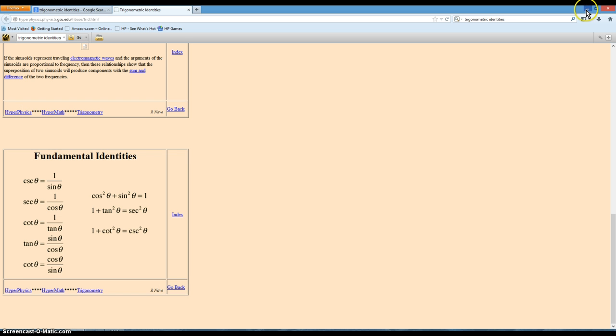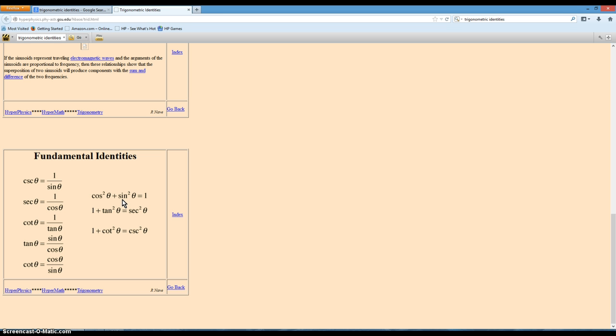If we remember our identities, and I provided some identities over here, these are your fundamental identities, which are most of the ones I introduced you to. You have this one right here, which says cosine squared of theta plus sine squared of theta equals 1. I probably gave it to you as sine squared of theta plus cosine squared of theta equals 1, but that's the exact same thing, because no matter how you add, you're going to get the same number.